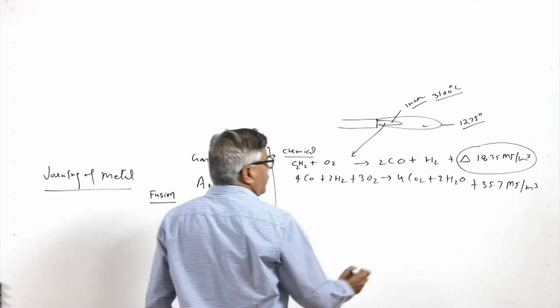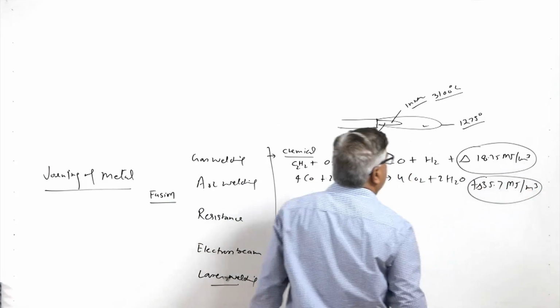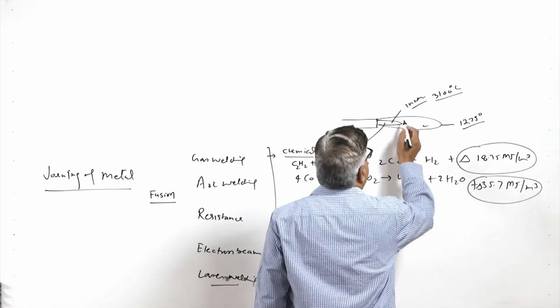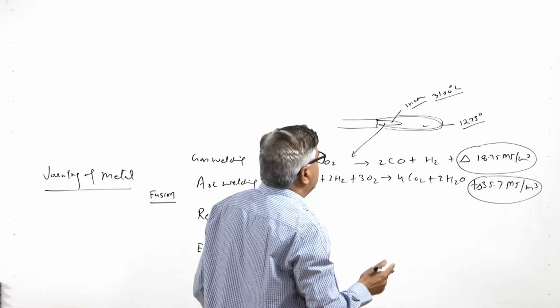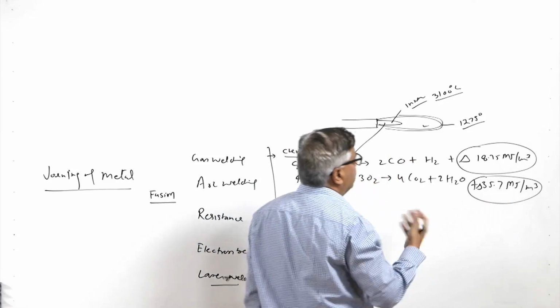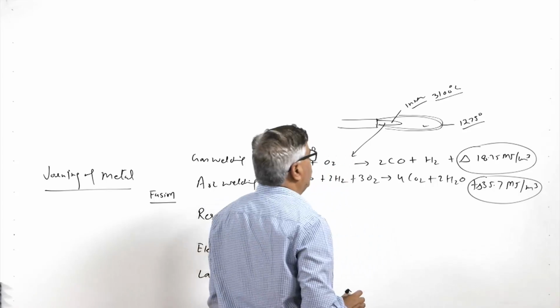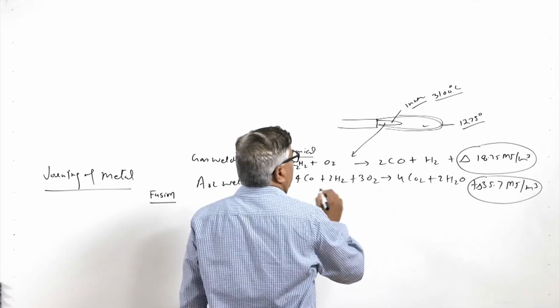This is a big exothermic reaction, but since the area exposed to ambient conditions is much larger, despite the greater heat generation, it results in a lower flame temperature on the outer side.